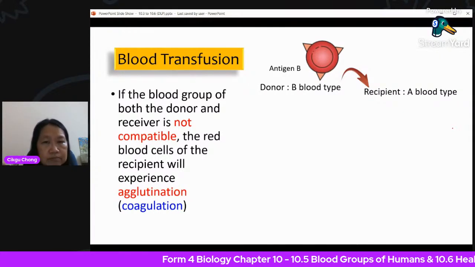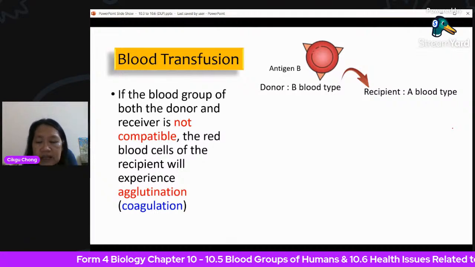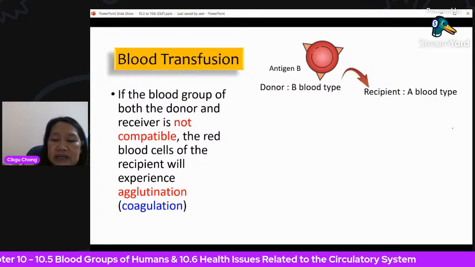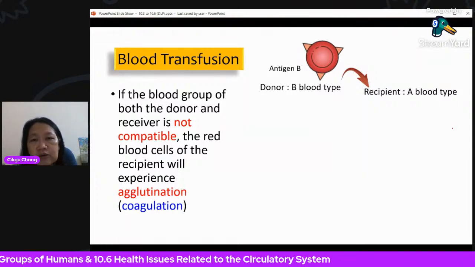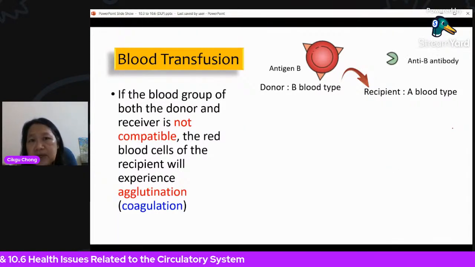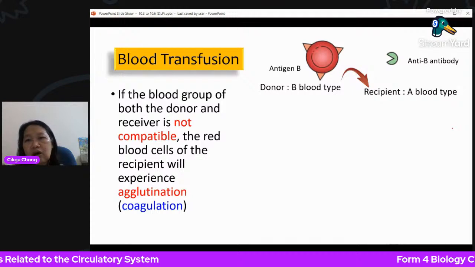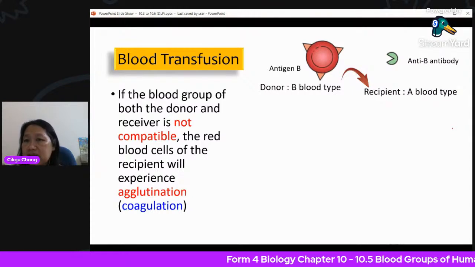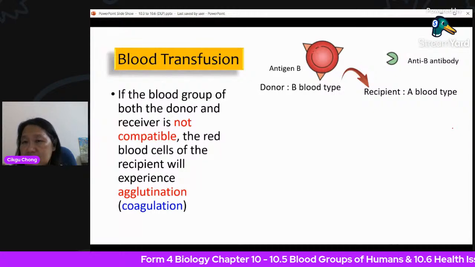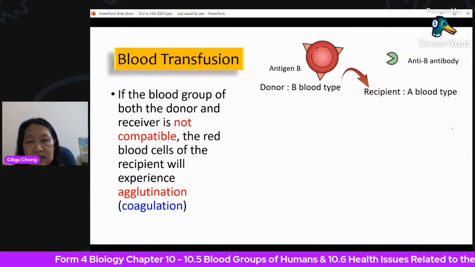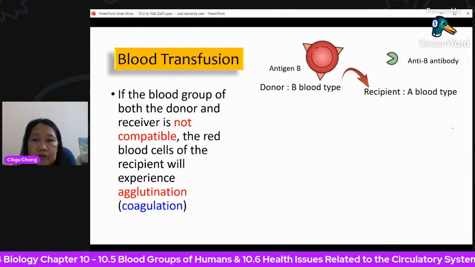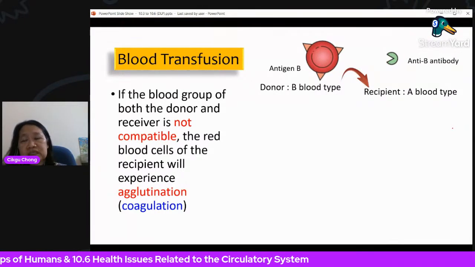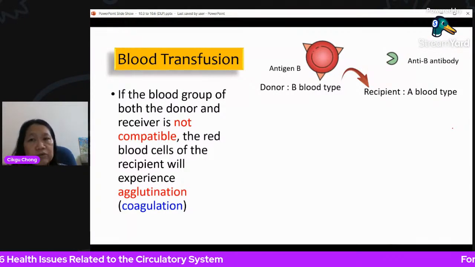Can the A receive blood B or not? Look at what type of antigen it has. It has antigen B. So if the antigen B enters the blood of the recipient, the A blood, remember we said that it can produce antibody B. It doesn't produce antibody A, but it can produce antibody B. So if that antigen B comes into this person's blood, the antibody B will be there.